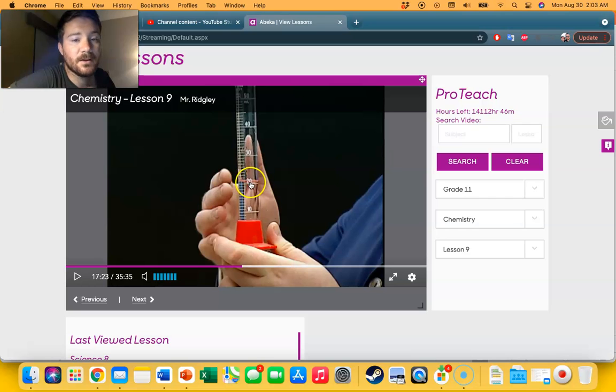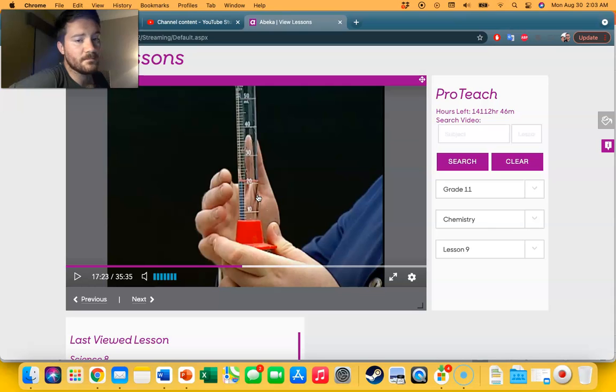And you can see right there that it's approximately 21 milliliters in volume. And all he does is take a couple of tests just with water. So under trial 1, you can actually write 21 milliliters.